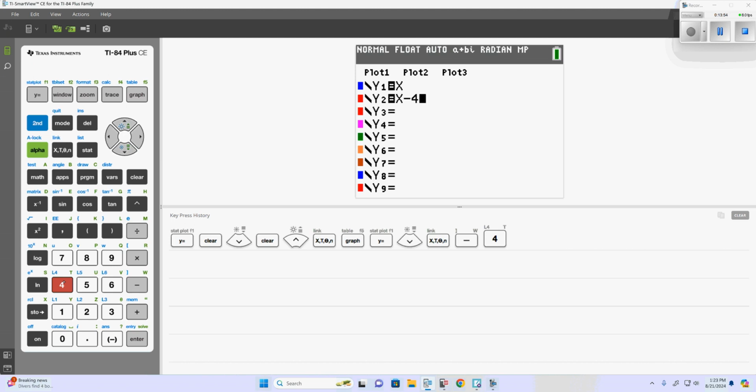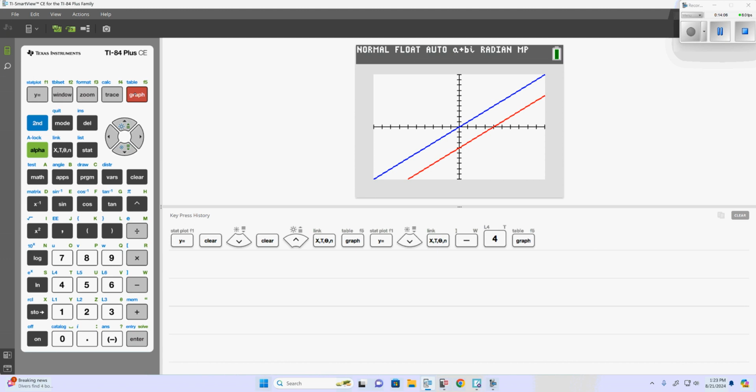Now, our new graph, the one they gave us, g of x was x minus 4, yes? So let's see how this changes. How does it change compared to the one in blue? What happened to it? It went down. We moved the whole function down 4, yes? Okay.